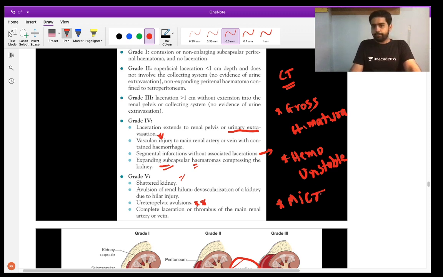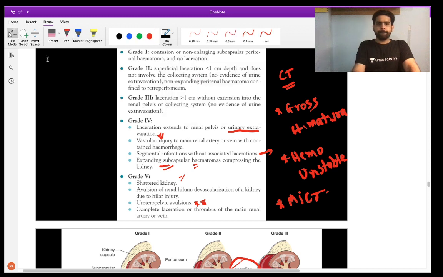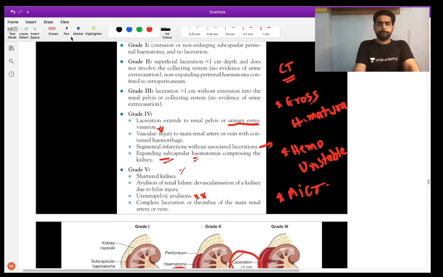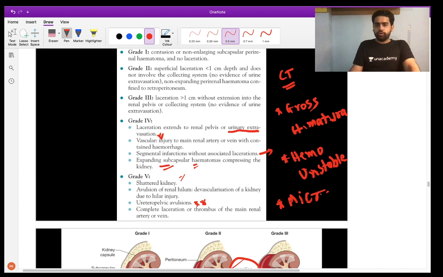Okay, so just a minute. Okay, so microscopic hematuria with hemodynamic instability. I'll not write it because my pen is acting a bit weird. I'll just enumerate. So gross hematuria, hemodynamic instability per se.